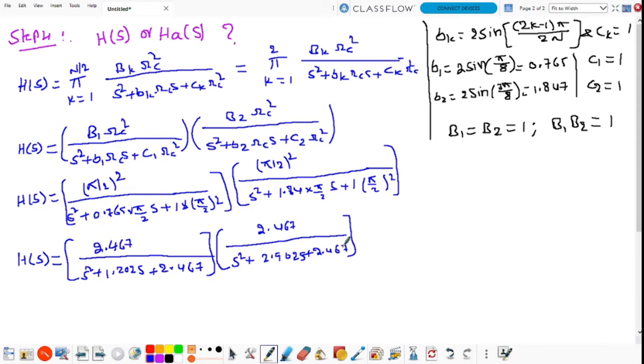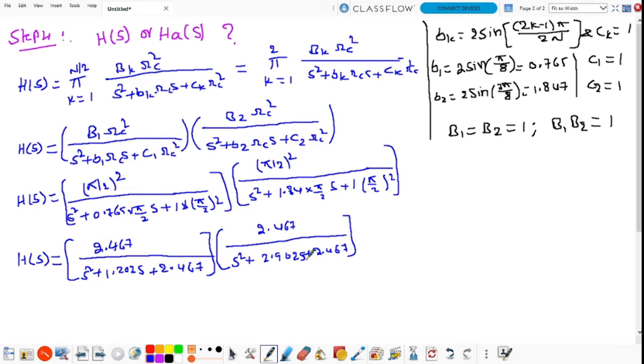So using partial fraction method, now in this equation the denominator term is s square plus 1.202s plus 2.467, and using this characteristic equation we get complex conjugate roots. The roots of the denominator characteristic equations are also complex conjugate roots.